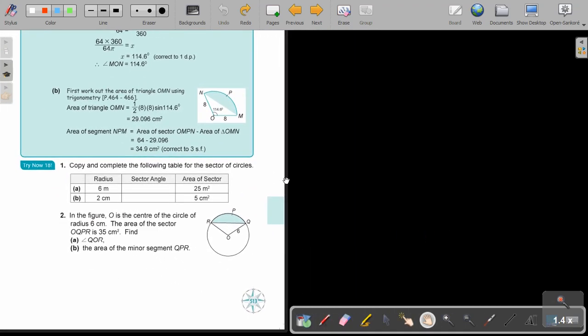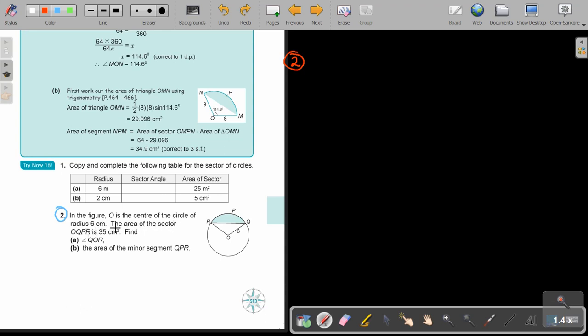Okay, I want you to stop the video and do number 2. You can continue the video as soon as you are finished. Okay, so let's start. Number 2. In the figure, O is the center of the circle of radius 6 centimeters.